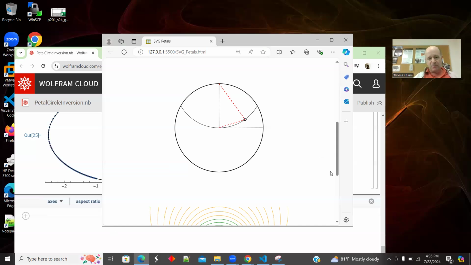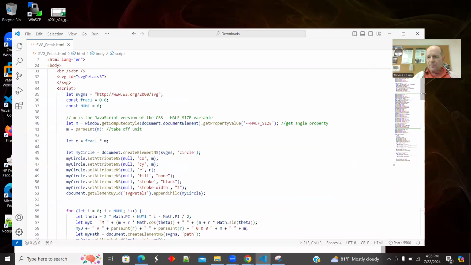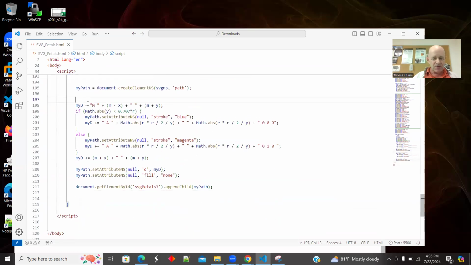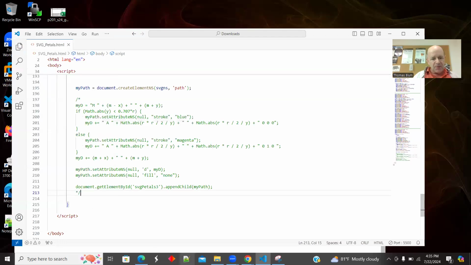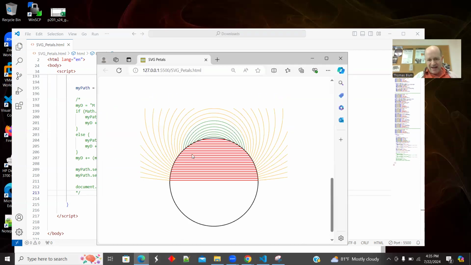Okay, so then I moved it back over to SVG, and I made this. Let me comment the last part out. So I just made a sequence of lines.